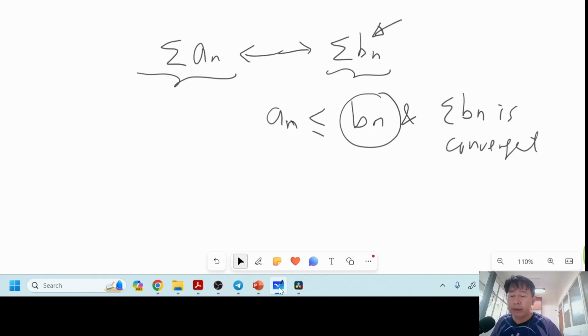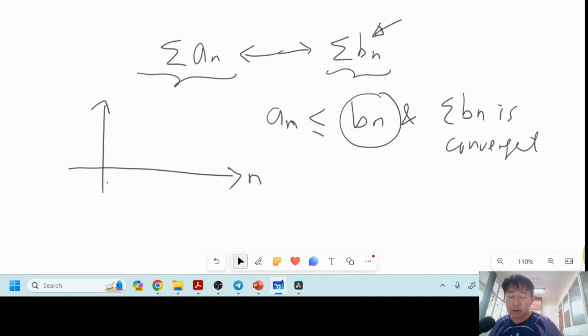You can try to represent this situation on a graph where you plot the two series on an xy plane, where the vertical axis represents the series AN and Bn. The x-axis is the index n. We are talking about two series that are both convergent.